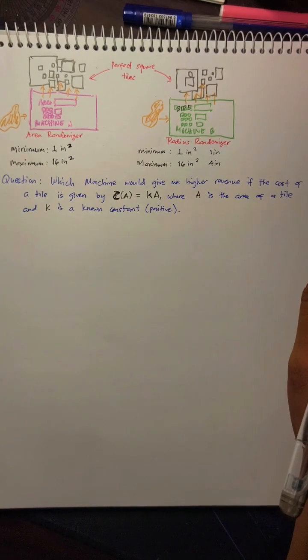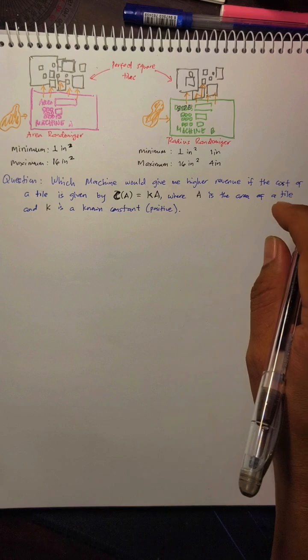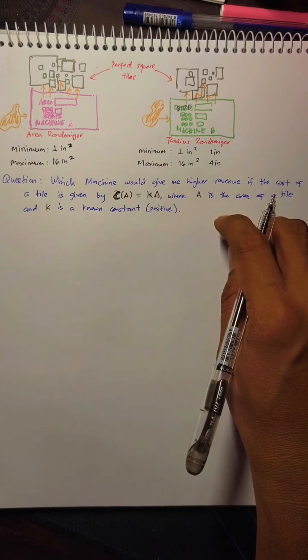First, let's understand this one. What are the probability density functions for each machine?